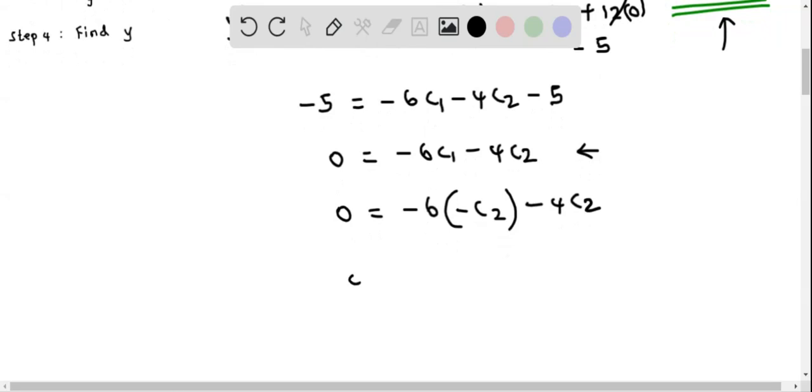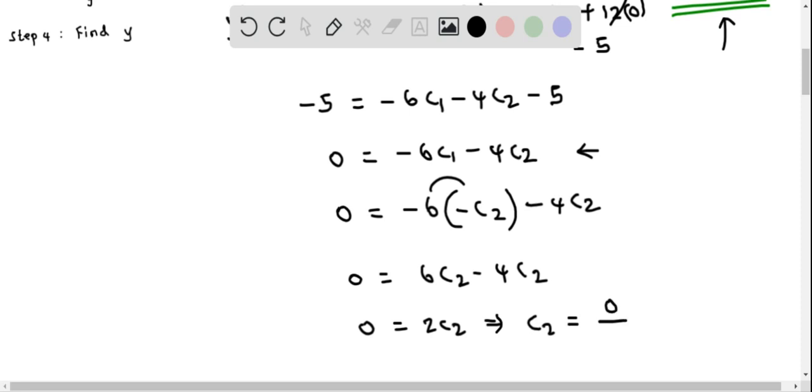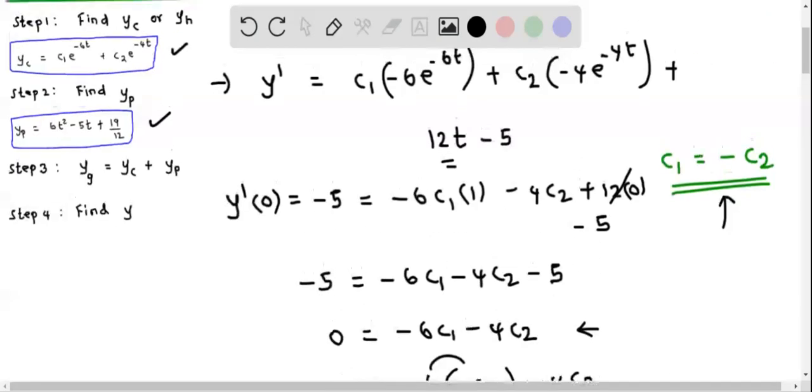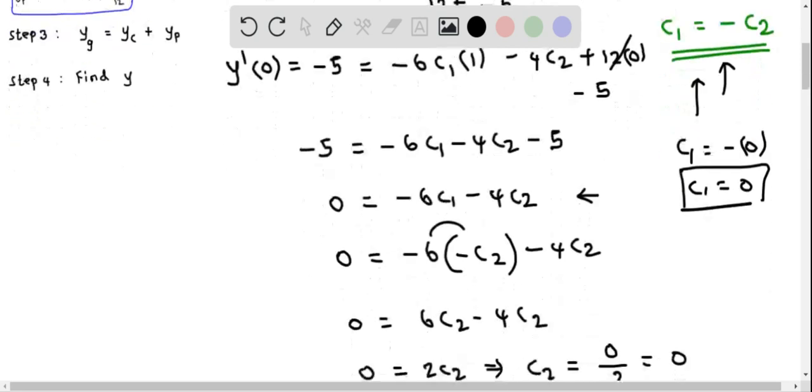So 0 equals positive 6c2 minus 4c2, and 6c2 minus 4c2 is 2c2, so c2 equals 0 over 2, which equals 0. So c2 equals 0, and if you plug it into c1, c1 equals negative 0, or otherwise it is still 0. So c1 equals 0 and c2 equals 0.